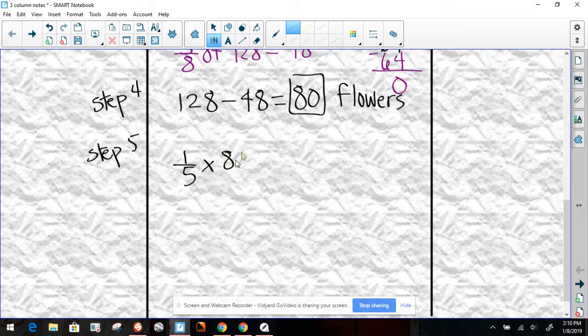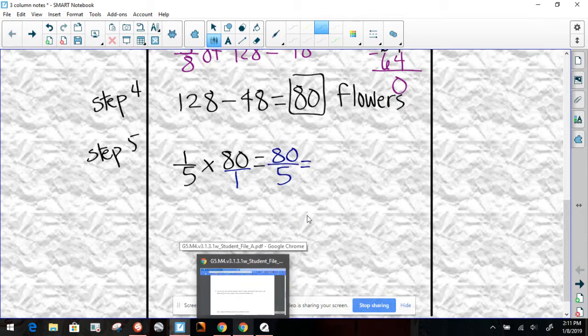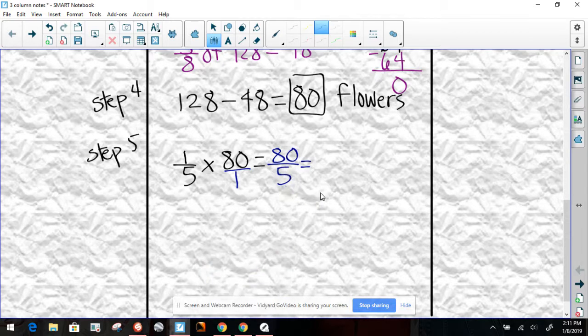We're going to multiply again, and now we can make the whole number a fraction by giving it a denominator of 1. So this is going to be 80 over 1 times 1/5. What is 80 divided by 5? 8 divided by 5 is 1. 1 times 5 equals 5.